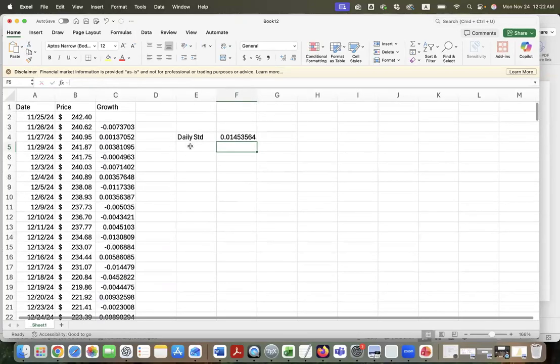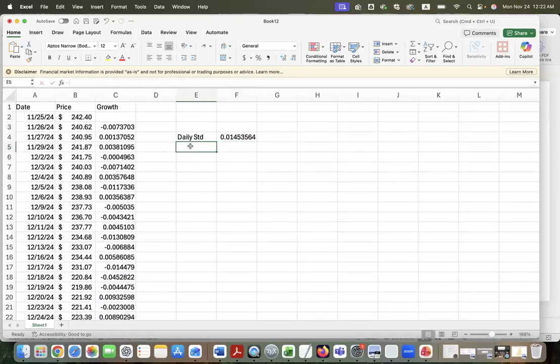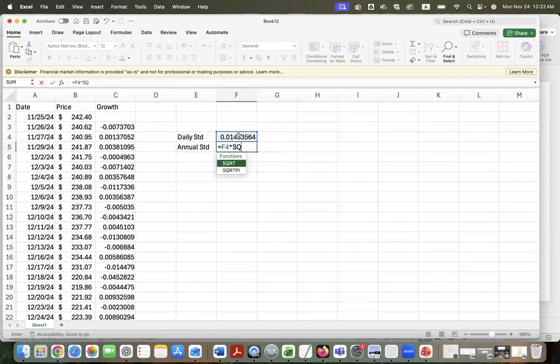Here we go. If I want to calculate the annual standard deviation, all I have to do is say annual STD, and it's this number times SQRT, square root of 252, which is the number of trading days in a year.